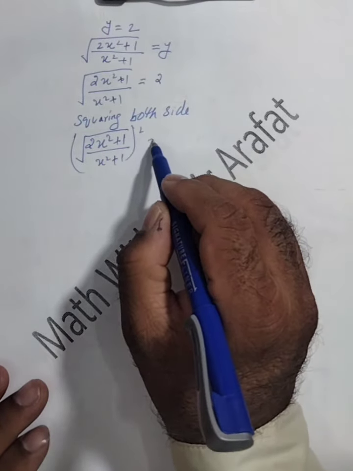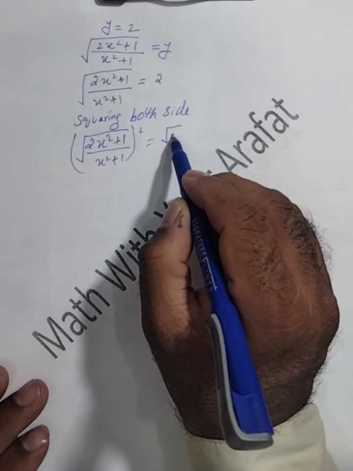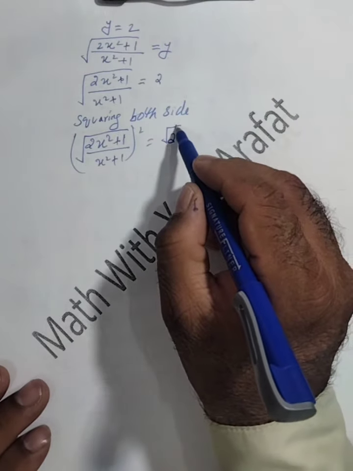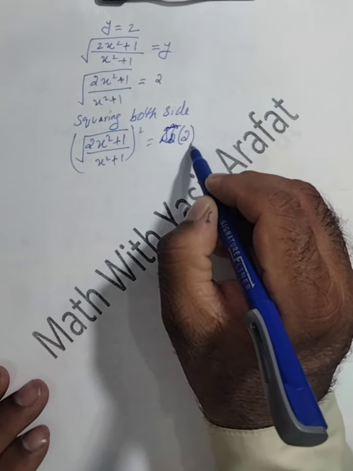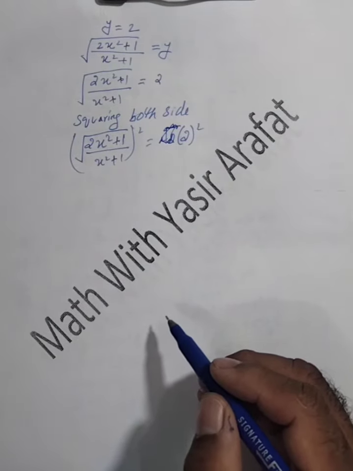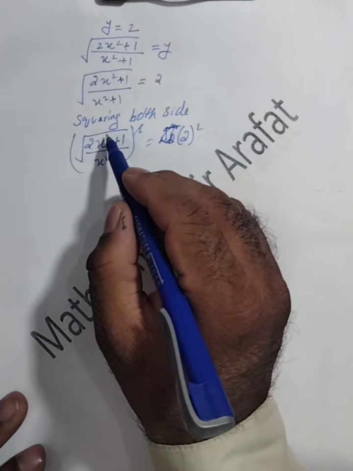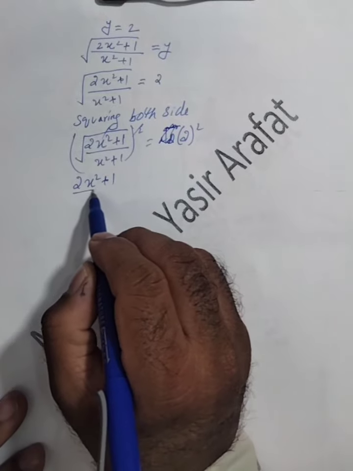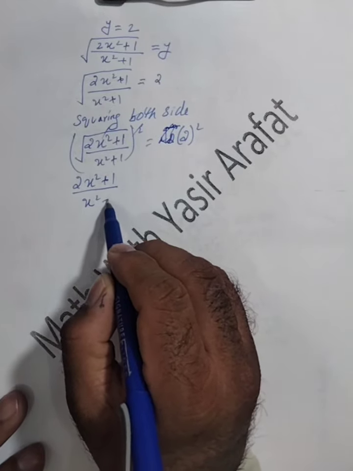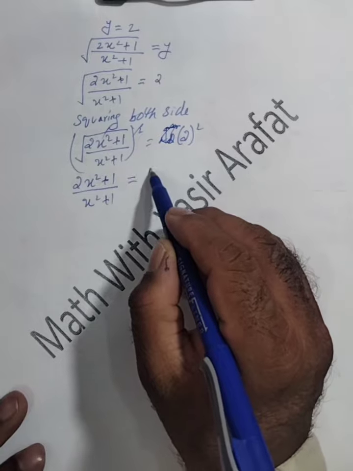Now the result: 2x square plus 1 over x square plus 1 is equals to 4.